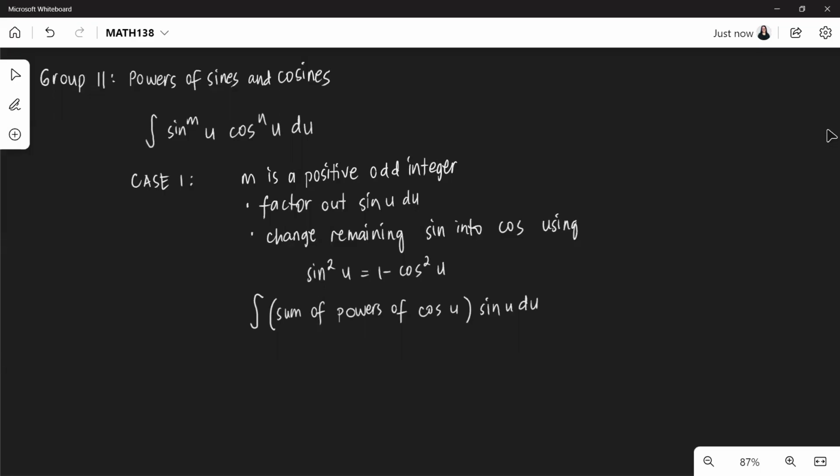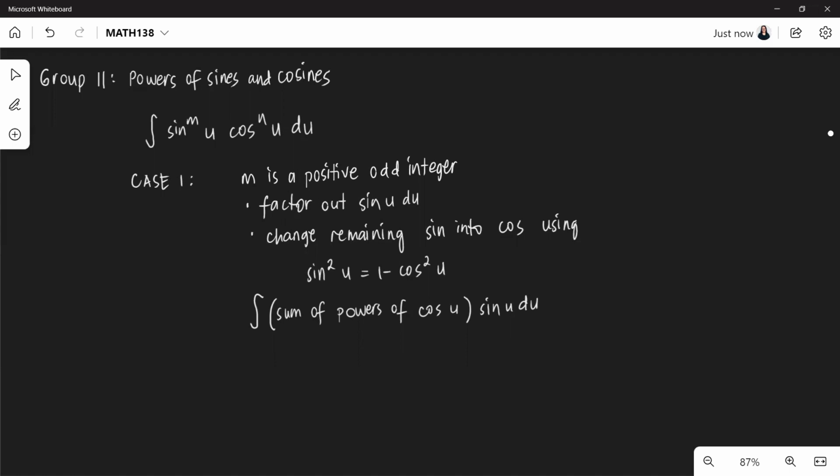So this is the second group of the solvable groups of trigonometric integrals. If we have powers of sines and cosines, the first group was product of sines and cosines. So if we have sine raised to the power of m and cosine raised to the power of n, we need to make sure first that m is a positive odd integer.